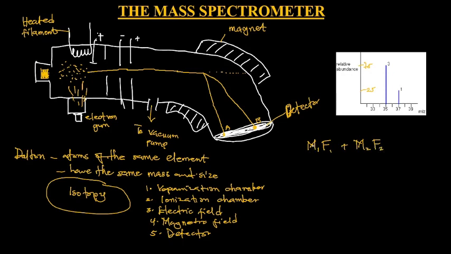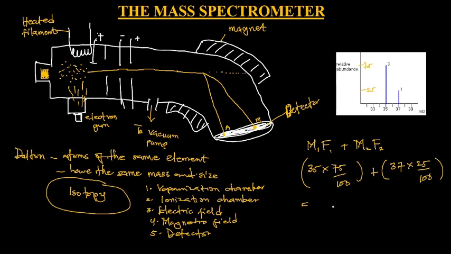So the mass of the first isotope is 35, times the fractional abundance, which is 75 divided by 100. Then we add this to the mass of the second isotope, which is 37, times 25 over 100.